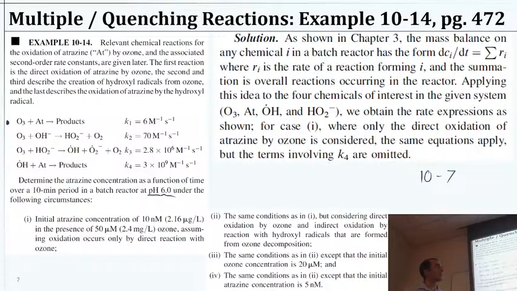We obtain rate expressions. We'll take a look at them in a moment, but even before we look at the rest of the solutions, we can say we need d[ozone]/dt, we need d[atrazine]/dt, and we can put all this in molar units, which would be good since our rate constants are all molar.